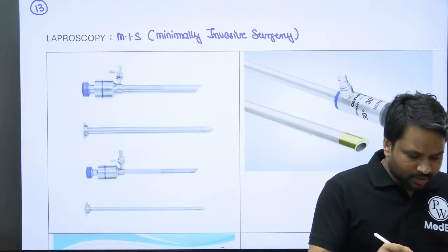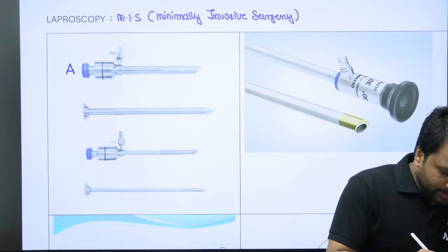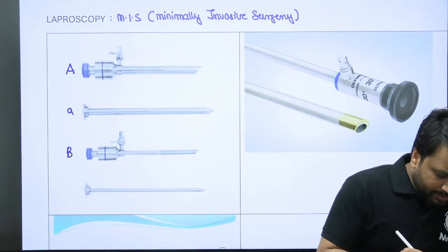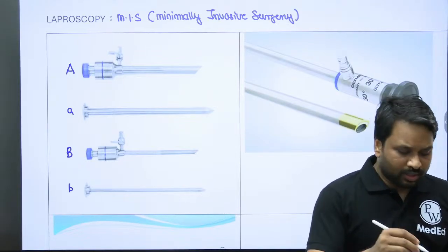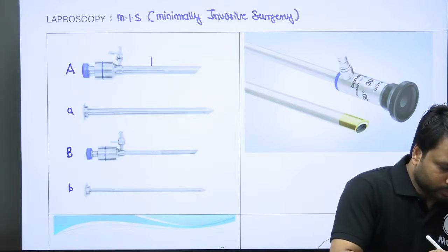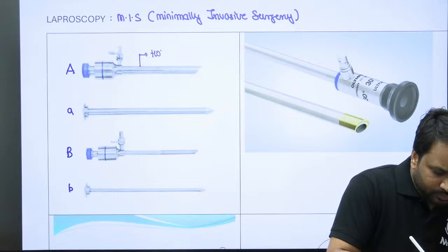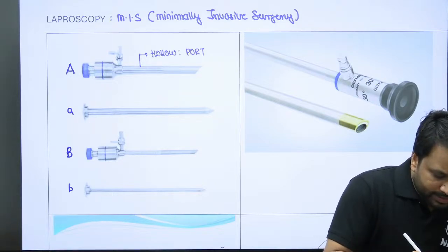So when you look at the image, I have the image capital A, small a, capital B, small b, right? Now, the one which is going to be hollow, the hollow structures are what we call a port, and the solid structures are what we call the trocar.